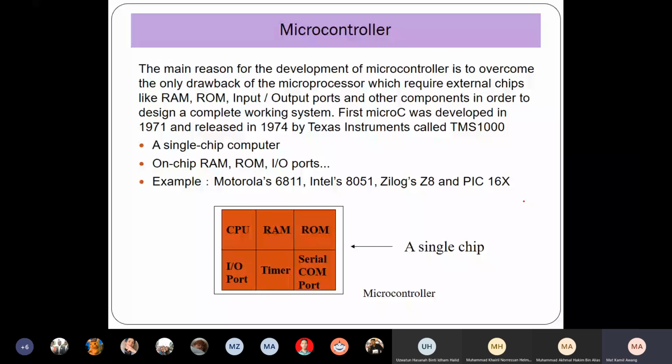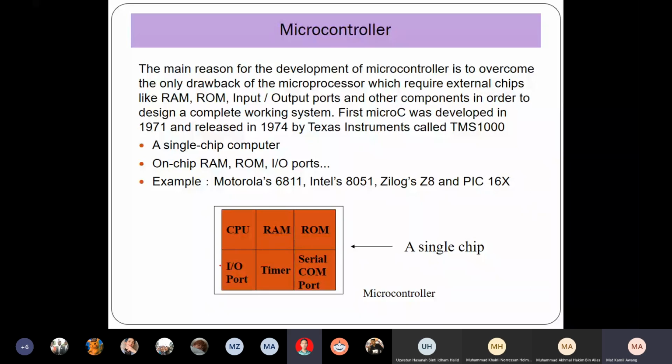It's a single chip computer with on-chip RAM, ROM, and I/O ports. Other examples of microcontrollers are the Motorola 6811, Intel 8051, Zilog Z8, and PIC 16X. Those are examples, and there are many more, all with everything in a single chip.